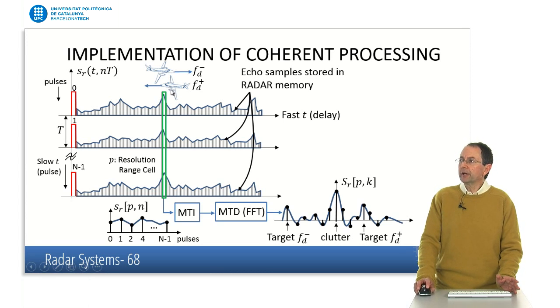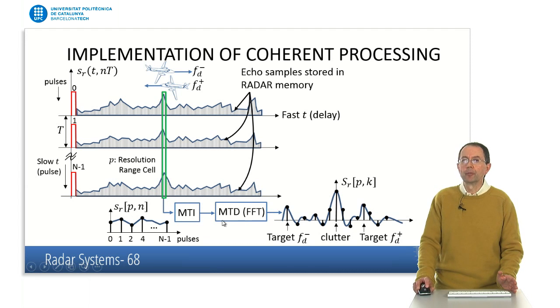Then to do the coherent processing, we have to process this signal in columns. For each resolution cell, so for each distance, we have to process the evolution of the signals from one pulse to the other. This is the domain we have in here. So we take the samples and then we can do MTI, rejection of the clutter, and if we want, MTD.